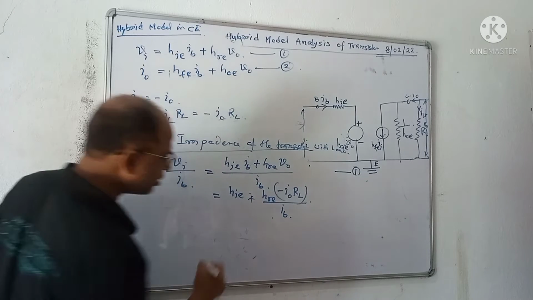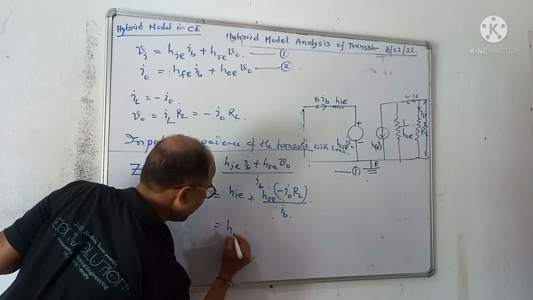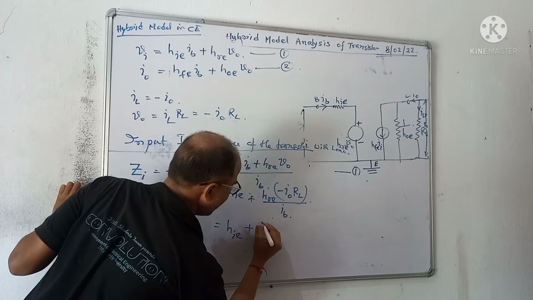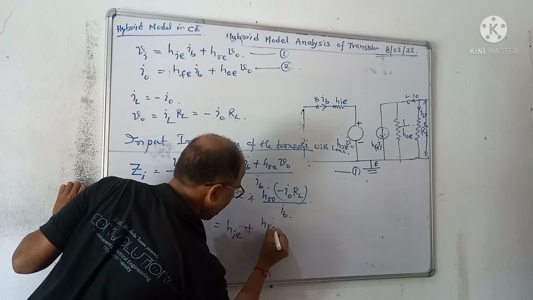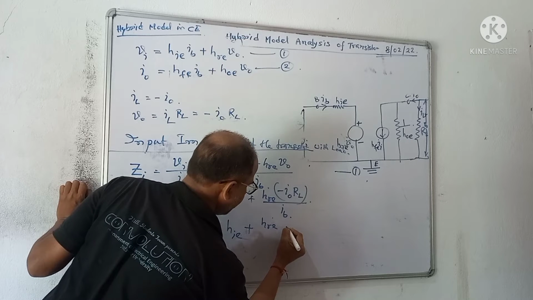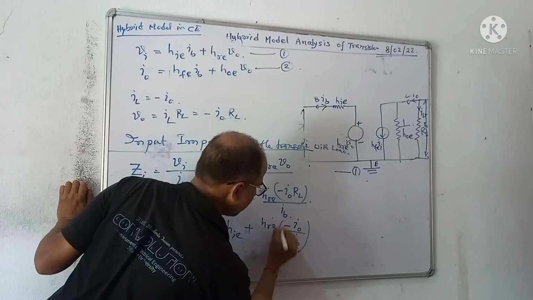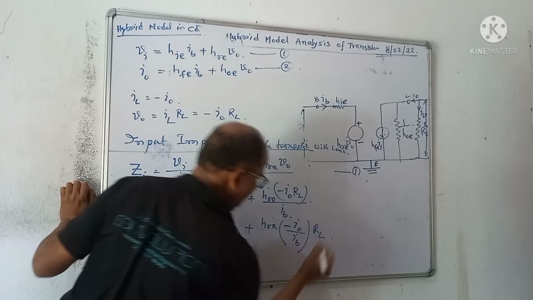This is equal to HIE plus HRE into minus I0 by IB into RL.